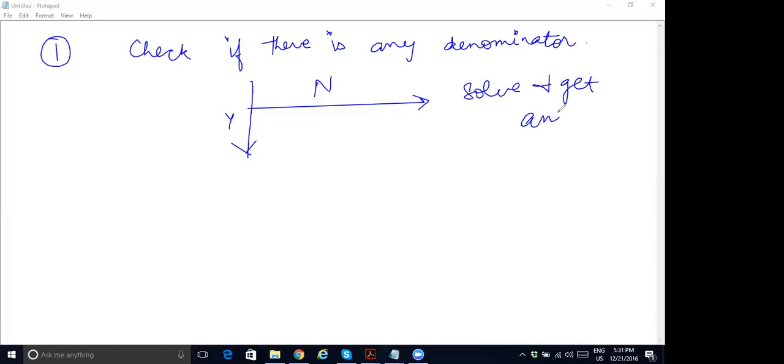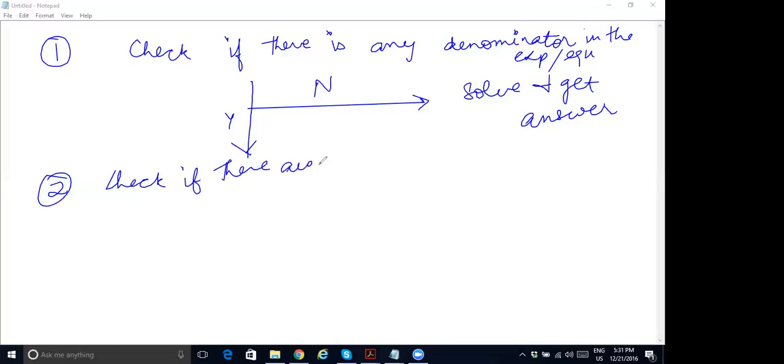If there is any denominator in what? In the equation given. Now, if there is no denominator, you can solve and get the answer. But if there is a denominator, then you have to check if there are any variables in the denominator.